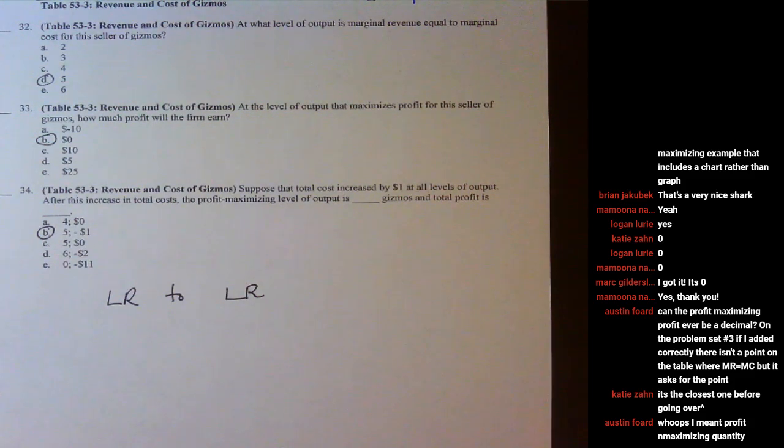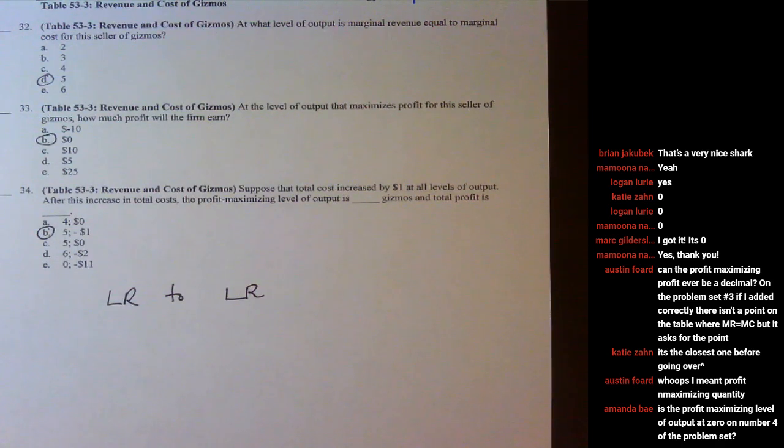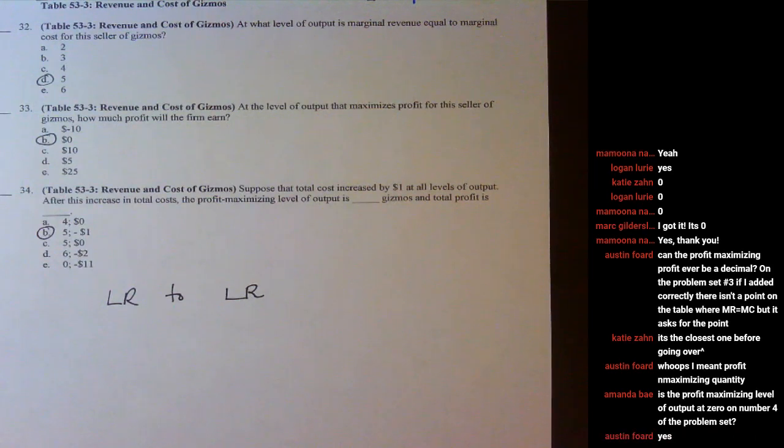Question 3, you said? Is that for Tommy's Belt Company? And Katie's right, it's the closest one before going over. Now you're asking for number 4. Oh, that's Amanda. I'm sorry. Yeah, I agree with Katie. It's the closest one before going over. And Amanda says, is the profit maximizing level of output at 0, number 4, the problem set? There's an AB and an ABC. Is that one of those?